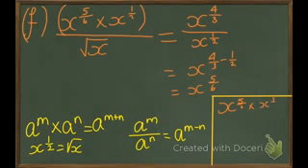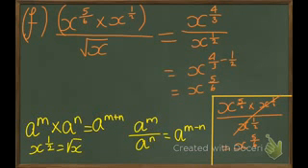If you had recognized that the bottom was also x to the power of a half, you could have cancelled them out, and therefore you would have been left with x to the power of 5/6. Okay, either way you still would have got the same answer. If you didn't understand the quicker way, then just stick to the long way. It's fine, you'll still get the same amount of marks.